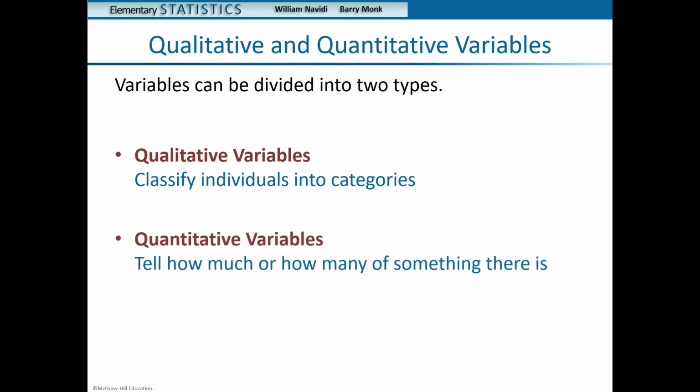Quantitative variables tell us how much or how many of something there is. The value of the variable is going to be a number that represents a quantity, right? So age would be an example of a quantitative variable, right? Because it gives us a quantity, which is the number of years that correspond to how old a person is, and it's expressed as a number.